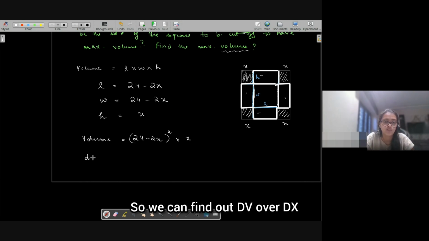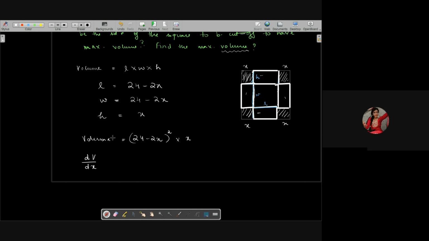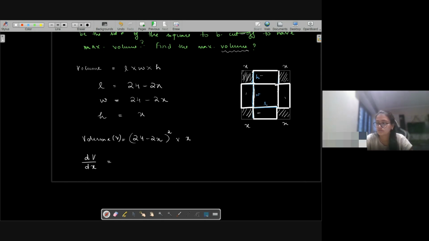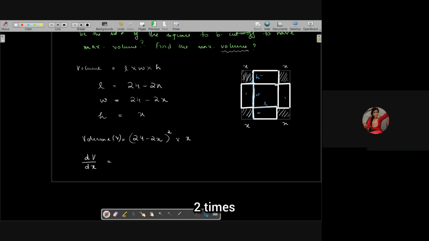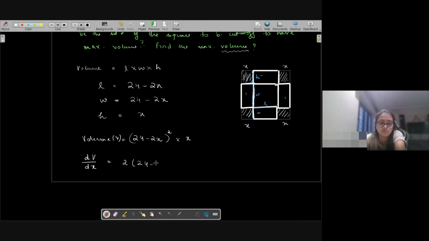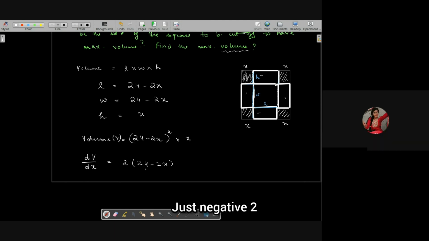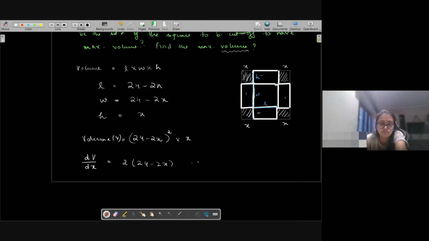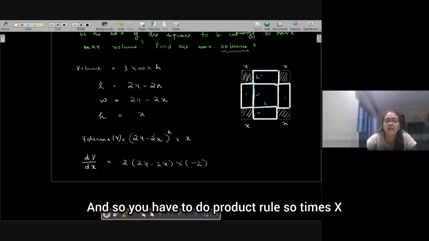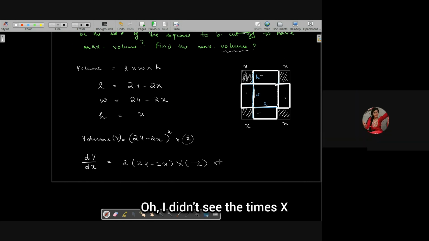So we can find dV over dx. Can you find the derivative? 2 times 24 minus 2x times negative 2, and you'll have to do the product rule, so times x, plus 24 minus 2x the whole squared.